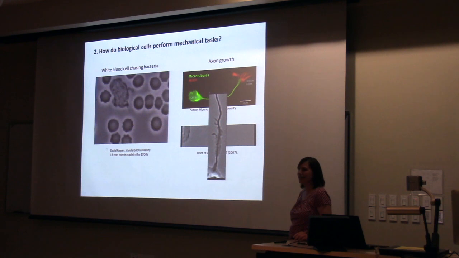Another thing that it would need is traction. So when you're driving your car, you need the tires to have traction with the road. Well, the cell needs a way to have traction with the surface, but not so much traction that it's just stuck, right? And another thing that it would need is a steering mechanism. We saw this turning corners and actually following the bacteria, so there must be some mechanism for it to steer.